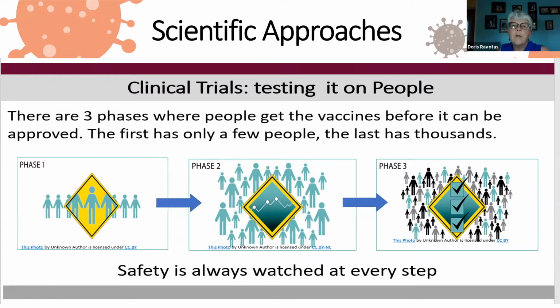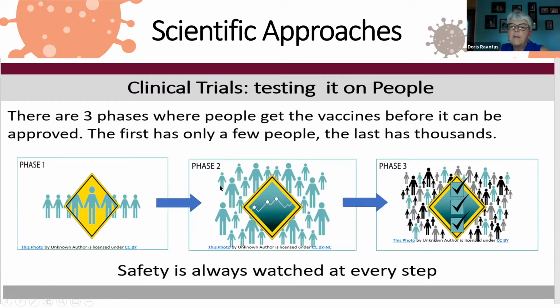Then looking at these clinical trials and starting to say, okay, so we started out with this very small phase 1, and then we're following these people before we give it to more people to look at what the side effects are and what problems there might be with that.